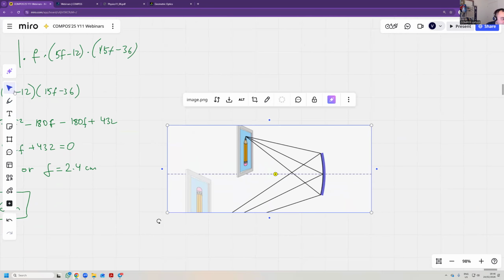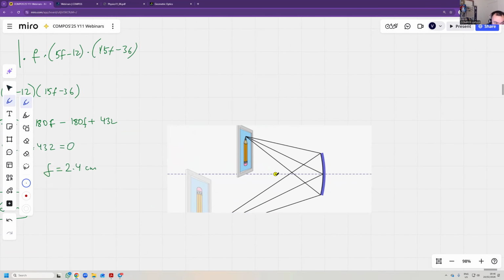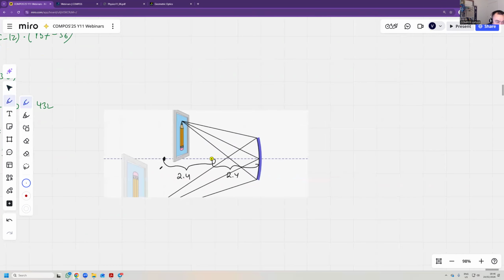So imagine that this is 2.4, 2.4, and the double focal point is another 2.4. F equals 2.4 centimeters is not a valid solution.